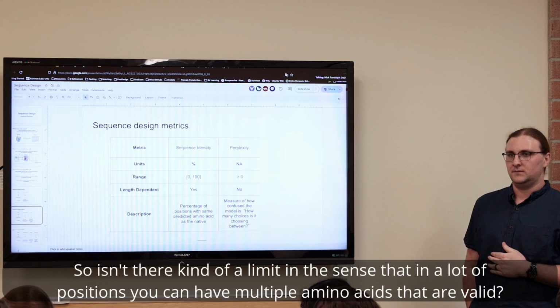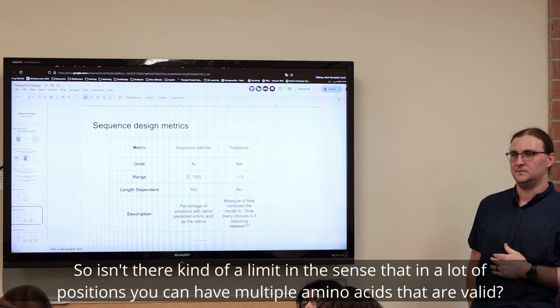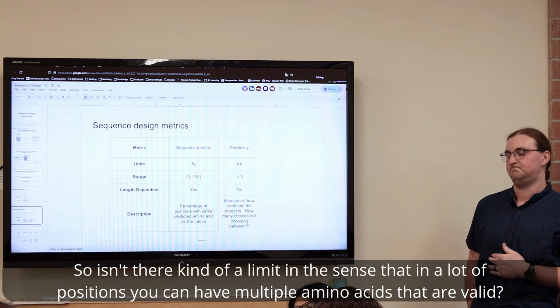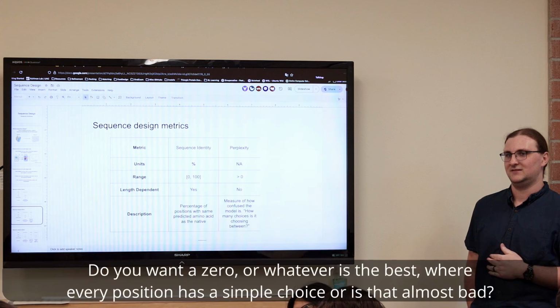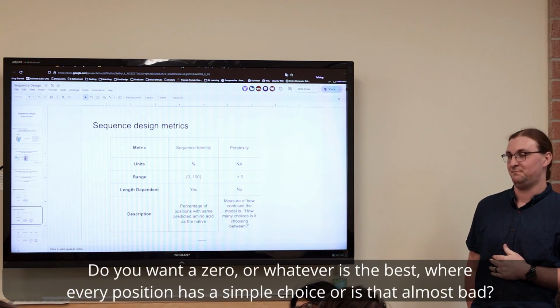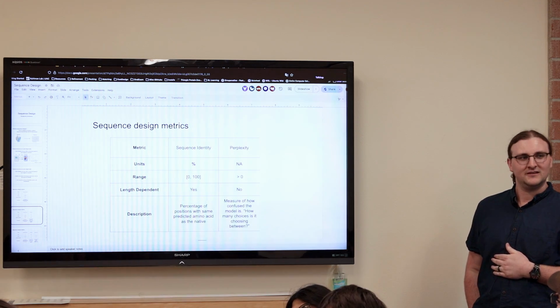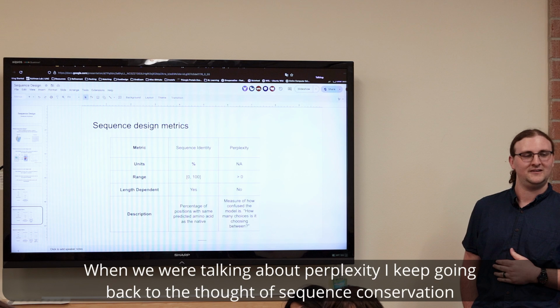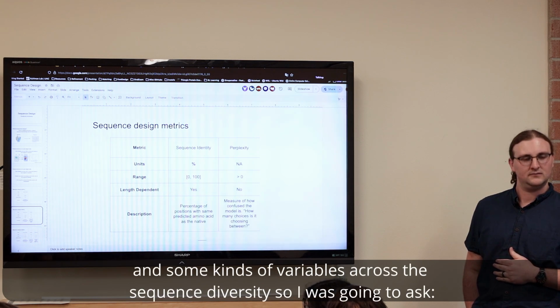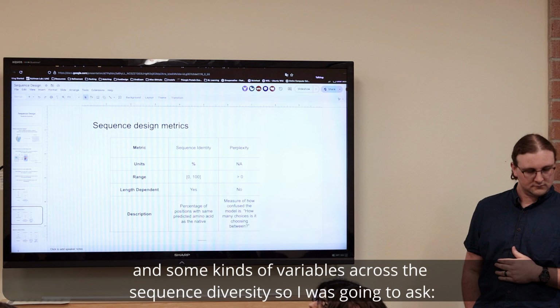So isn't there kind of a limit in the sense that in a lot of positions you can have multiple amino acids that are valid? Yes. Do you want a perplexity of 1, where every position has a single choice, or is that almost bad? I don't know. What do you think? What do you guys think? When we were talking about perplexity, I keep going back to the thought of sequence conservation, and some positions are variable across the sequence diversity.